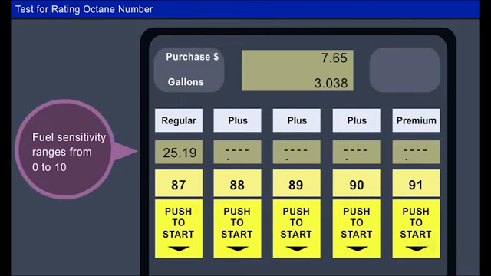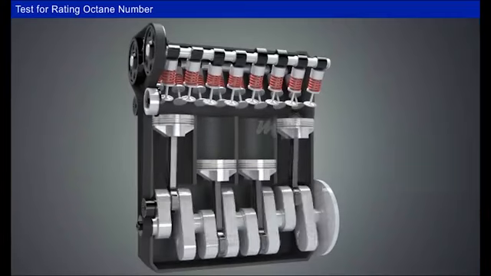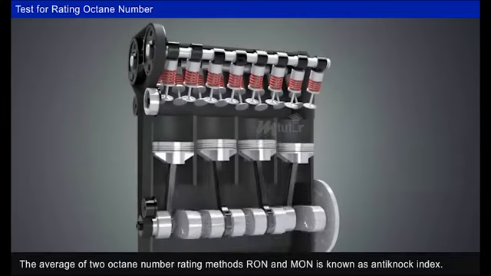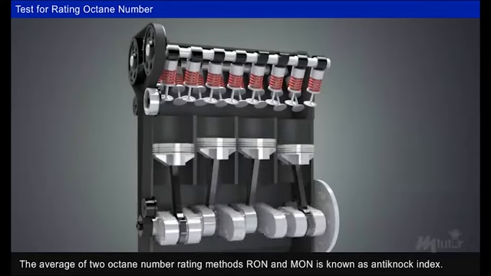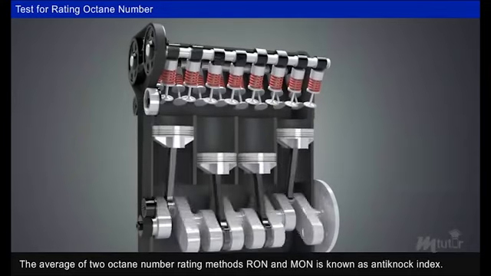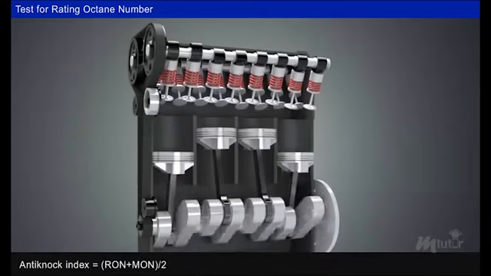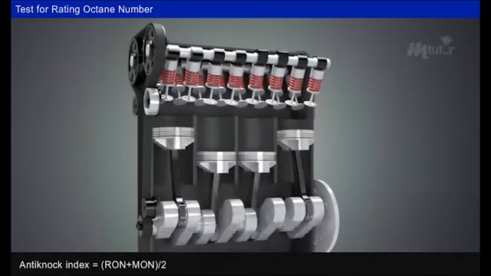Fuel sensitivity shows how a fuel behaves when the engine's working condition changes. A low fuel sensitivity number usually means that knock characteristics of that fuel are insensitive to engine geometry. The average of the two octane number rating methods, RON and MON, is known as the anti-knock index. Thus, anti-knock index equals (RON plus MON) divided by 2.